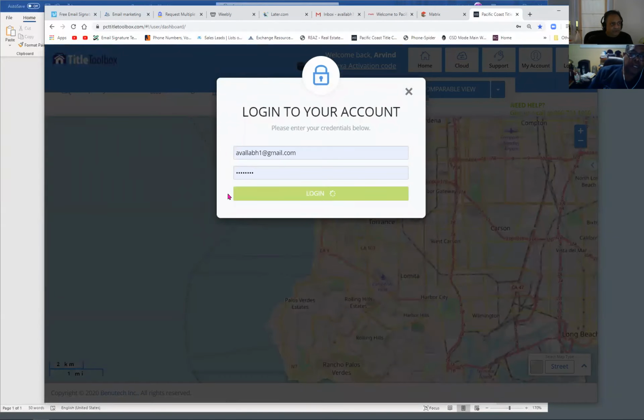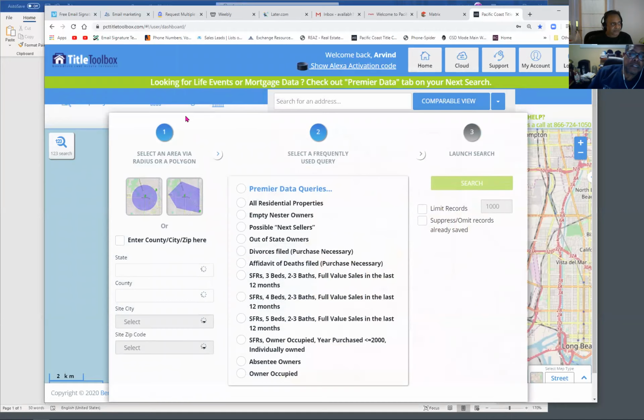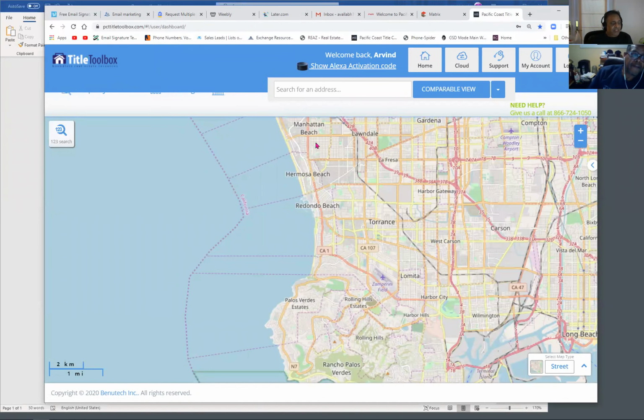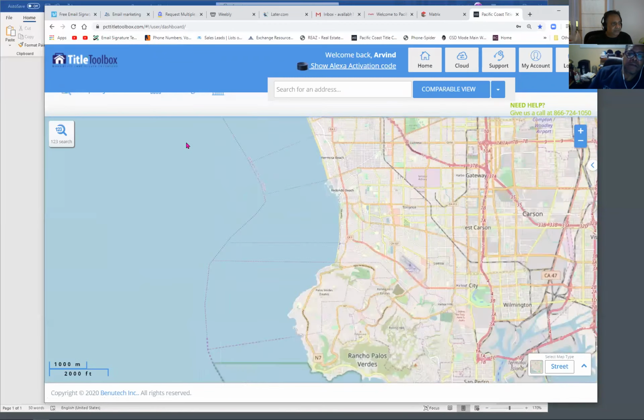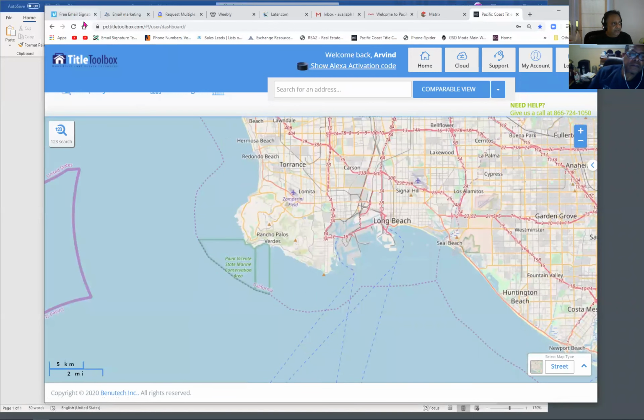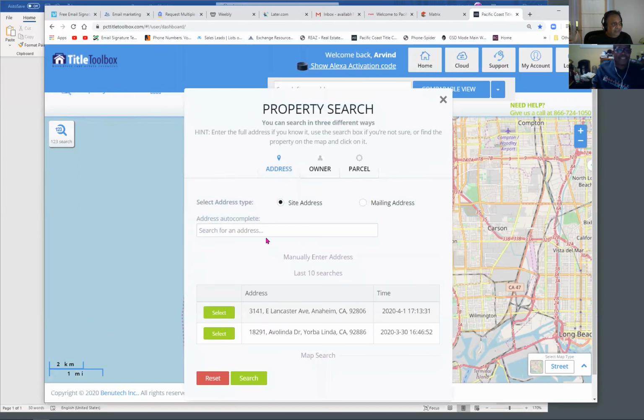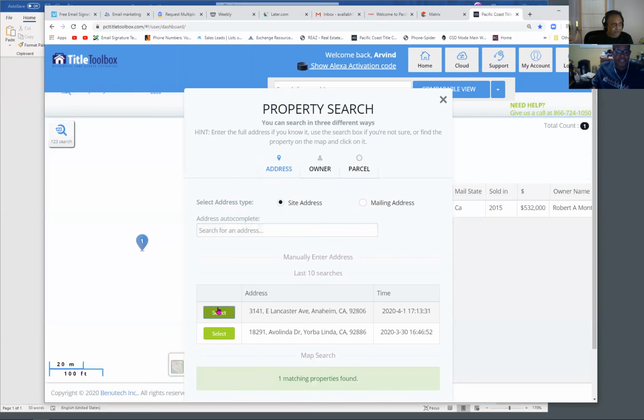Remember the link I sent you from the Pacific title guys? Let me see here. I'm going to take, say, Lancaster, one of Connie's properties that we were just dealing with.